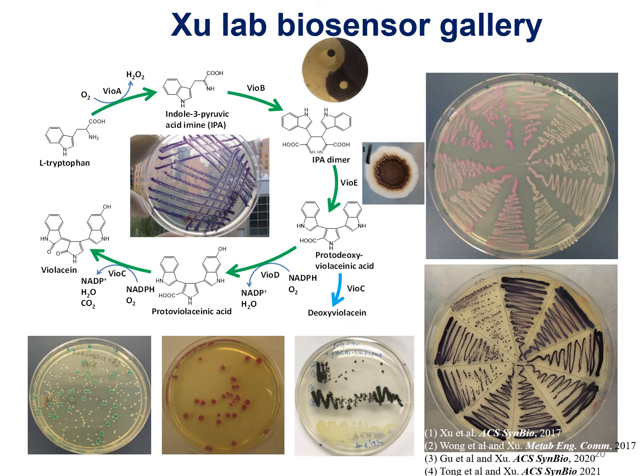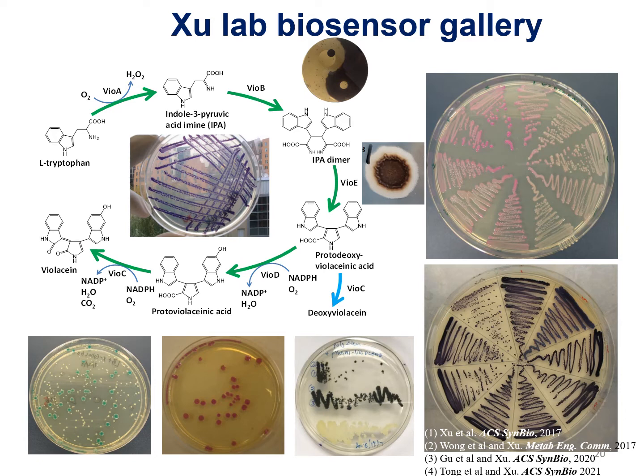In the lab, we also developed other sensors based on the pigmentation of some plant metabolic pathways. For example, shown here is the violacein pathway from the aromatic amino acid pathway. We also formed this green colony based on beta-glucuronidase activity, and mCherry, of course, is pink, and some other red color.